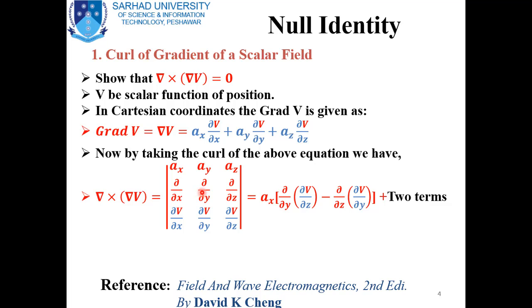So we are left with del over del y into del v by del z minus del over del z into del v by del y.